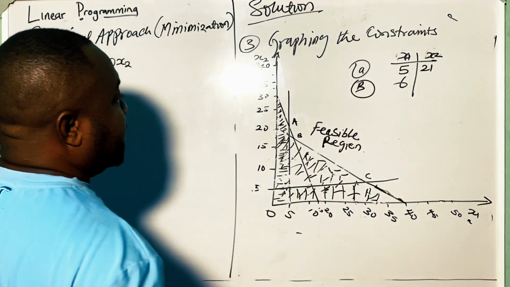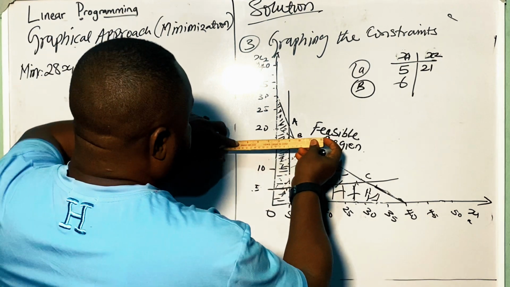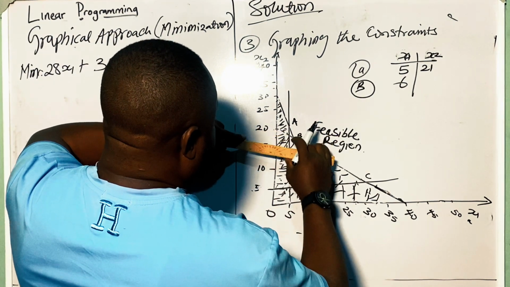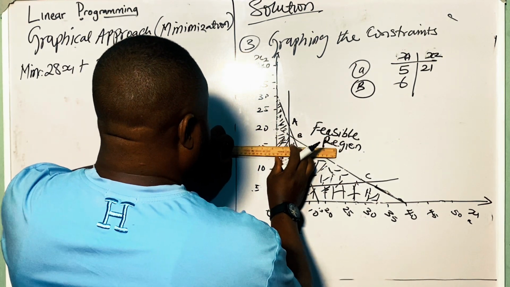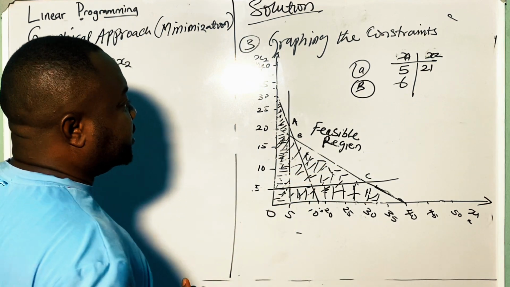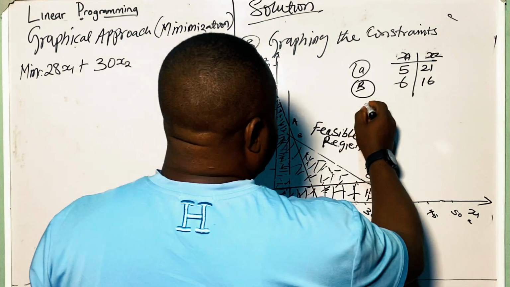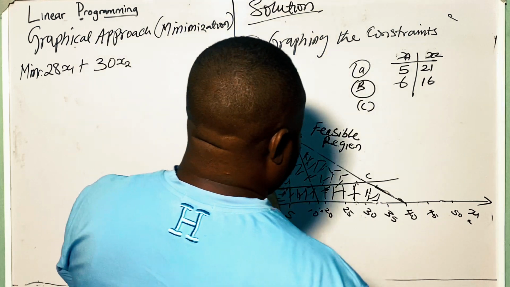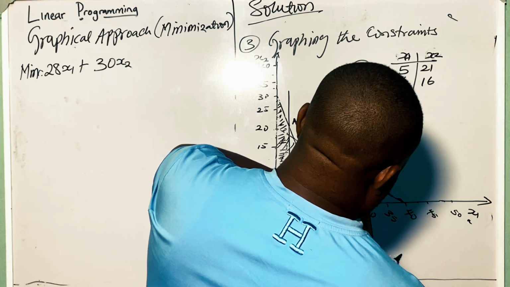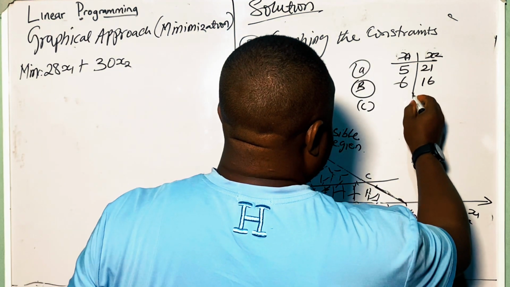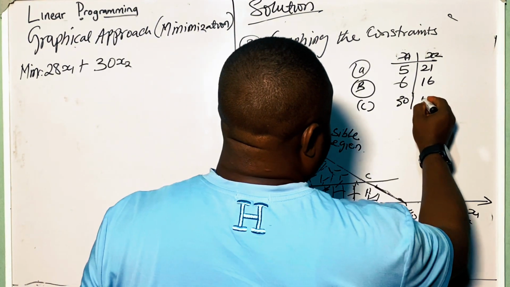We keep emphasizing that if you use your graph sheet, the reading will be more accurate. At point B, you have x2 of about 16. Then at point C, we're going to take 30 for x1, and of course for x2 it is 5.